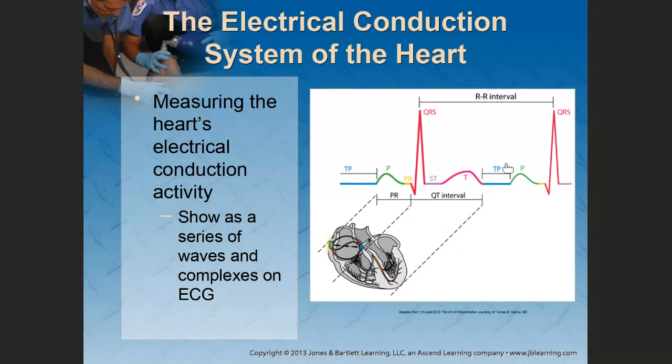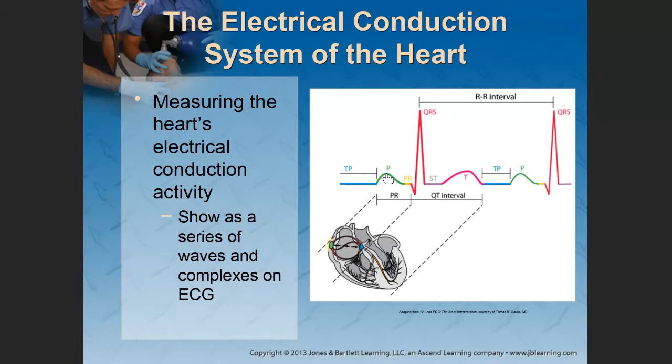And you can see your RR interval, your QT interval, and your PR interval. So you need to know what the main waveforms represent on the ECG. What an ECG does is capture the electrical activity flowing through the heart in various directions, and then generate a graph showing that activity.